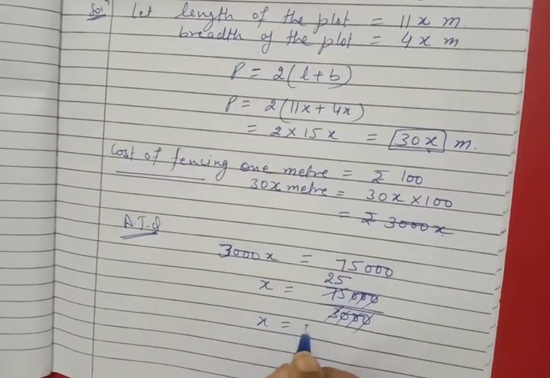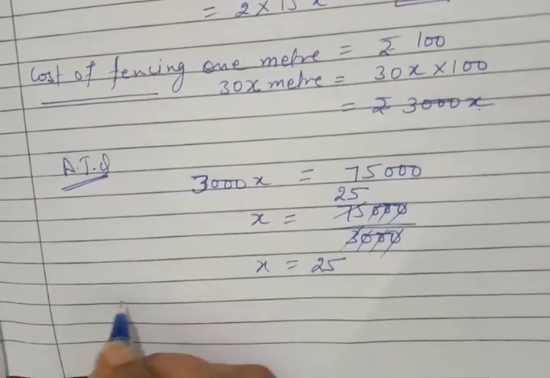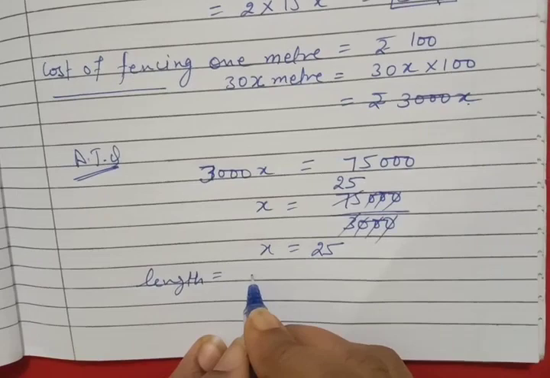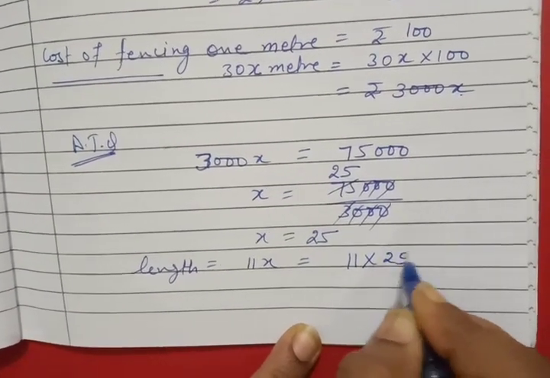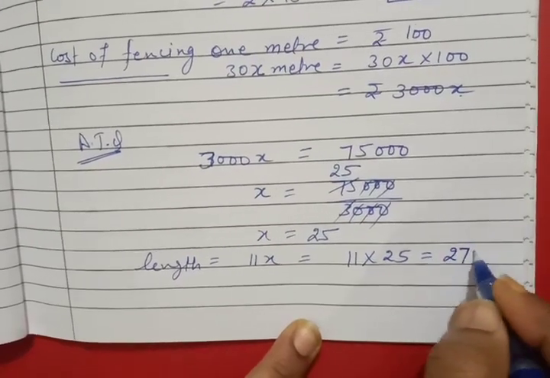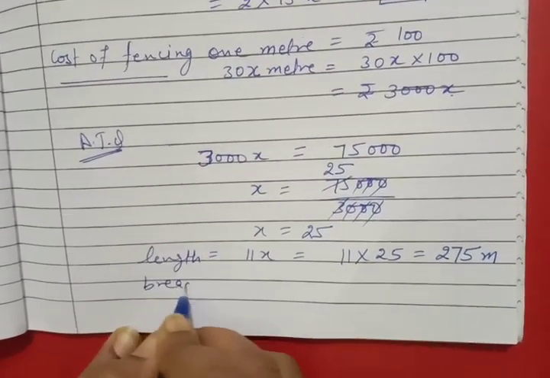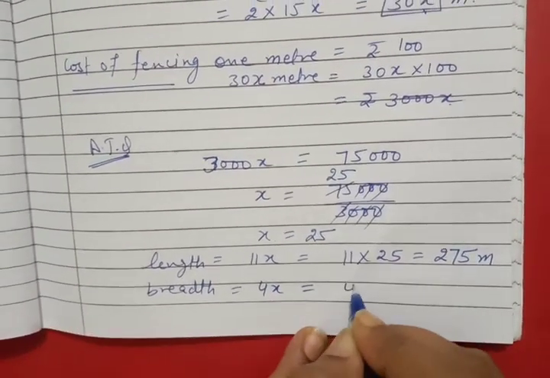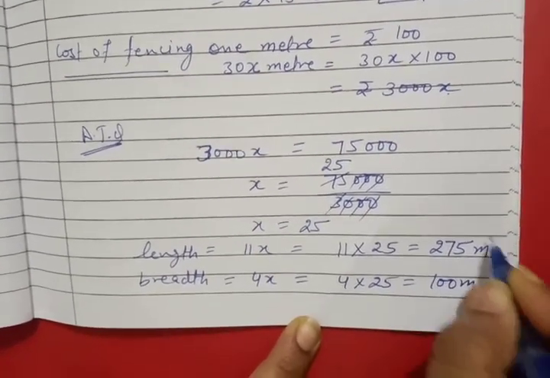So x is equal to 25, and then we can write length is equal to 11x, which is equal to 11 into 25, which is equal to 275 meters, and breadth, which is equal to 4x, which is equal to 4 into 25, equal to 100 meters.